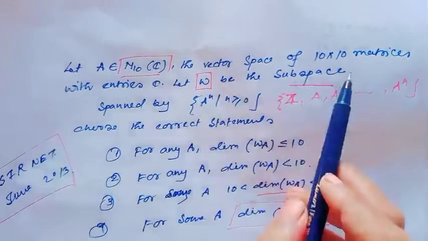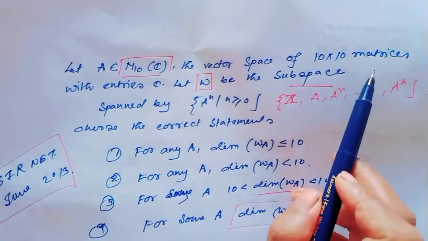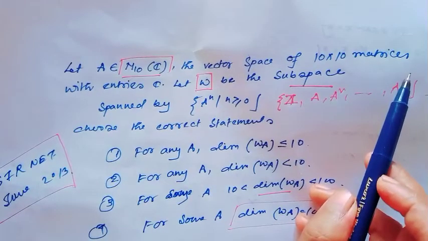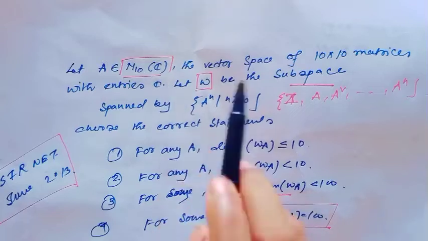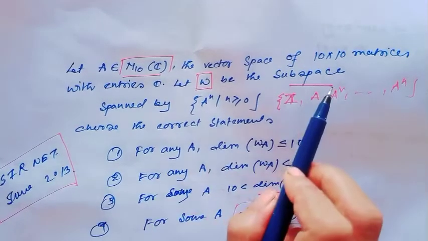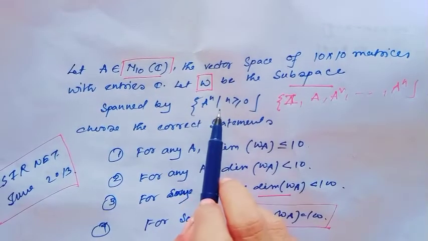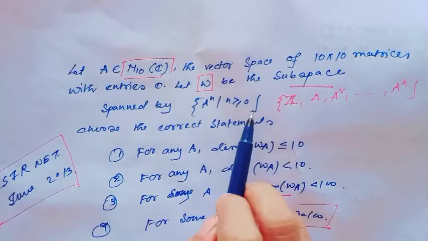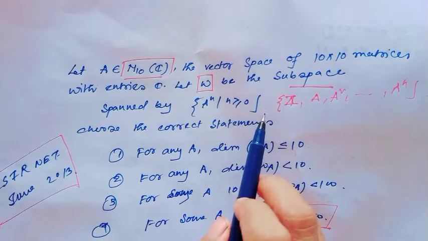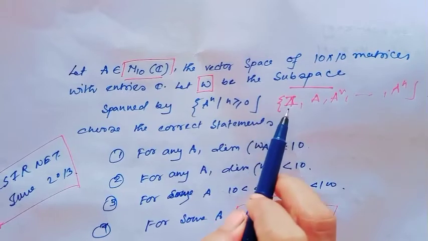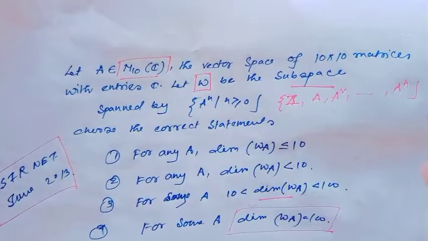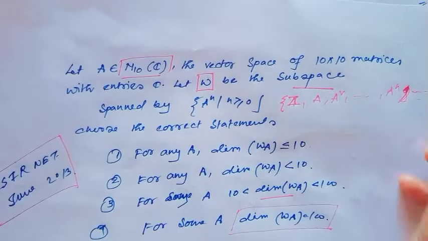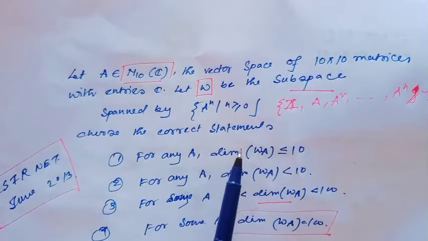That means here the vector space is 10 cross 10 matrices with complex entries because here the field is complex, and W is the subspace which is spanned by the set A to the power n where n is greater than or equal to 0. That means the subspace generated by I, A, A squared, A to the power n, and so on. Have you understood this subspace?